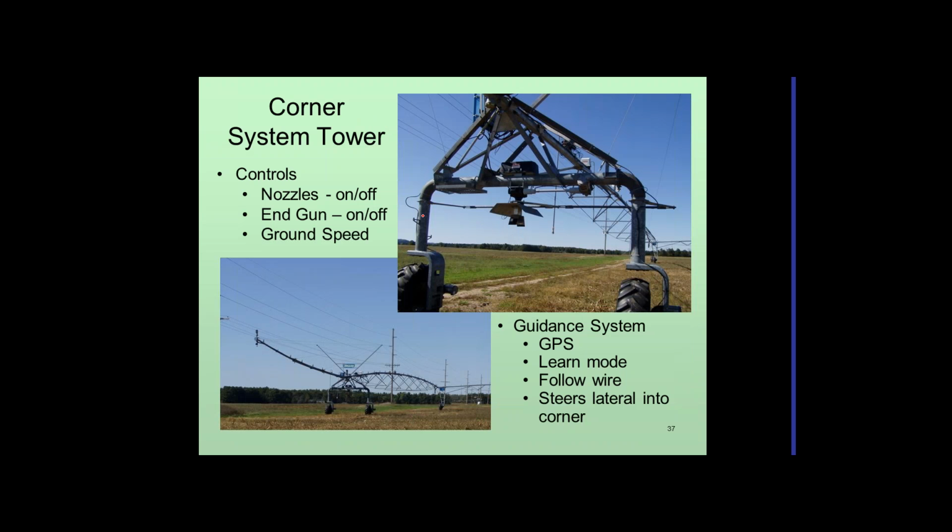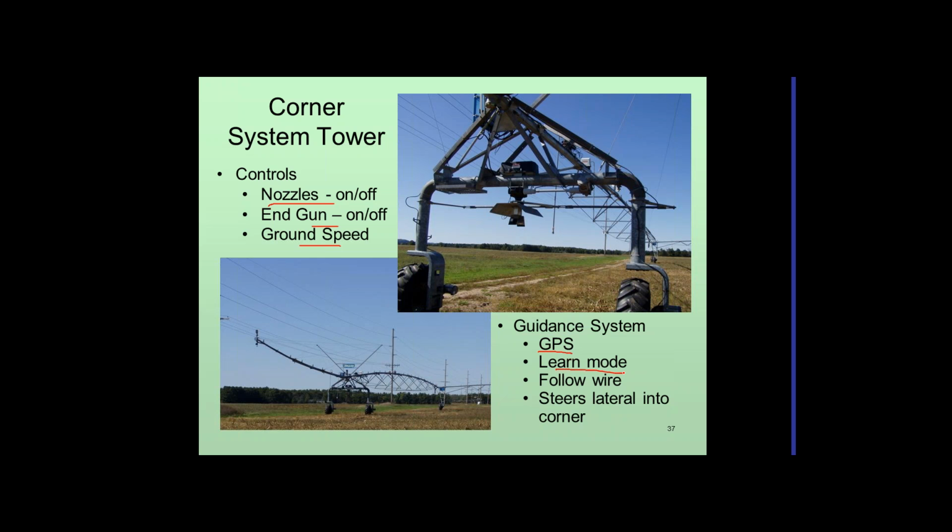So here shows some of the controls. We can turn nozzles on and off. We've got the end gun to turn on and off, and the ground speed sometimes is controlled. To get these things to go into the corner, sometimes you're using a GPS antenna type thing.